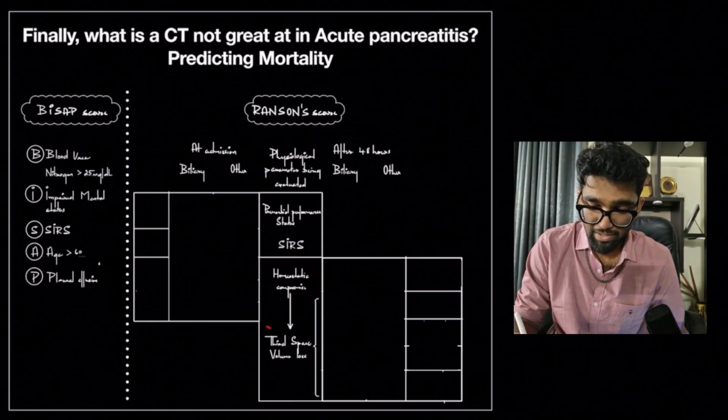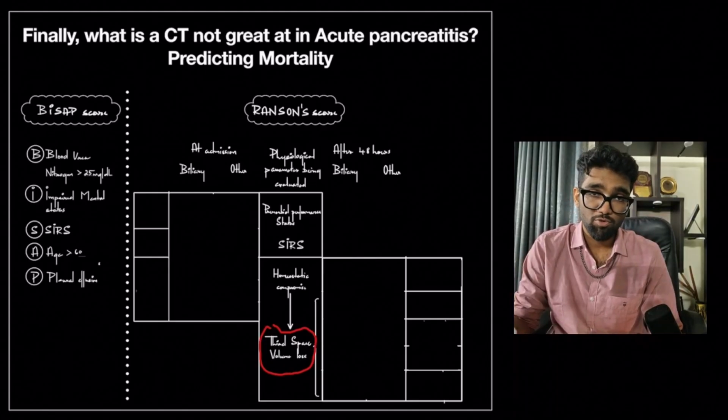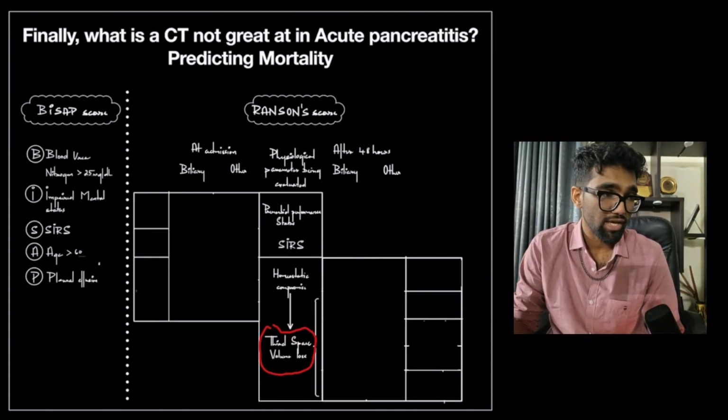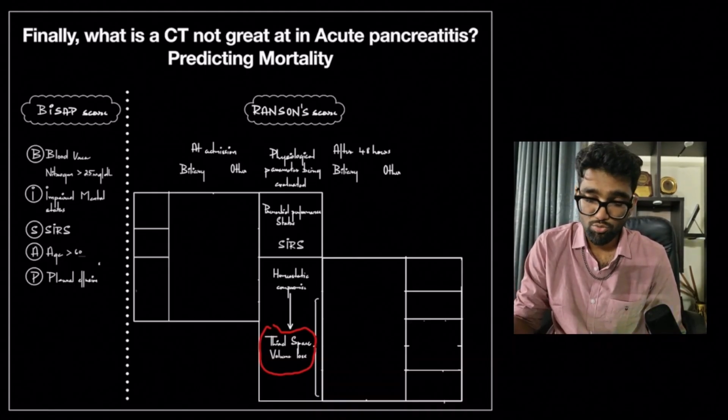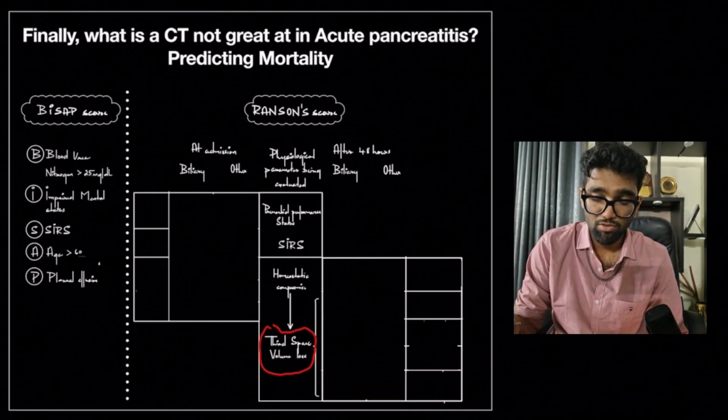Particularly after 48 hours we start thinking about third space volume loss, that is third spacing of fluid into the peritoneal cavity, the pleural cavity, or into a fluid collection somewhere around or within the pancreas.